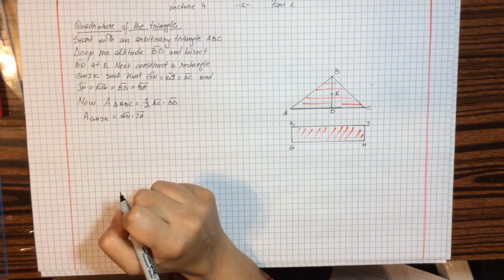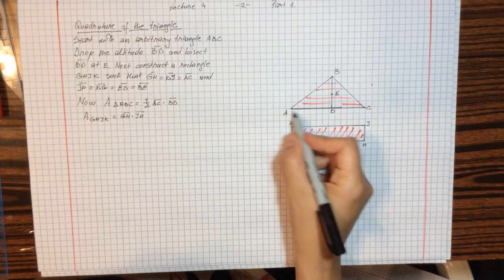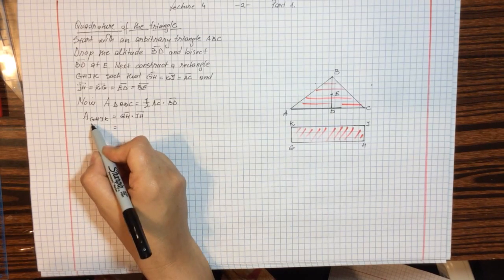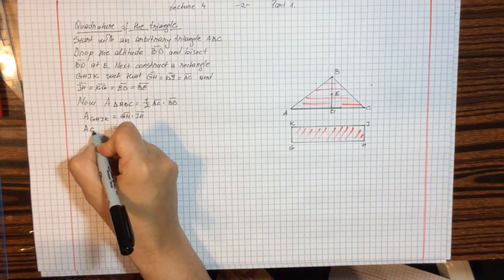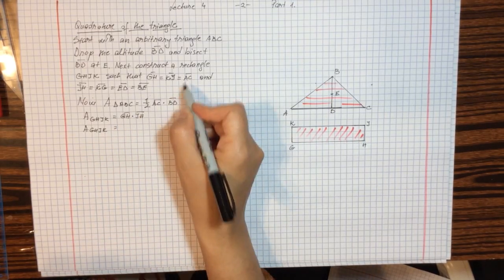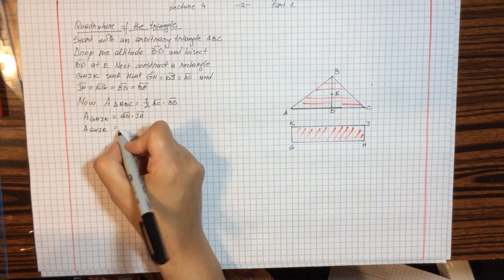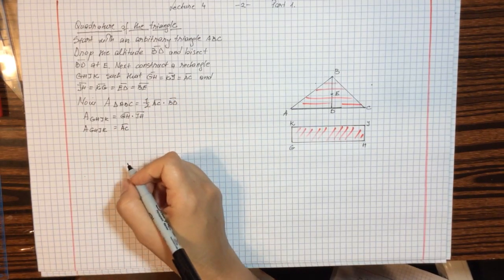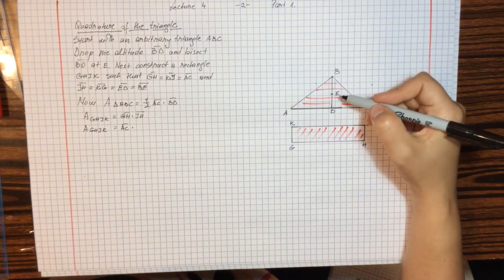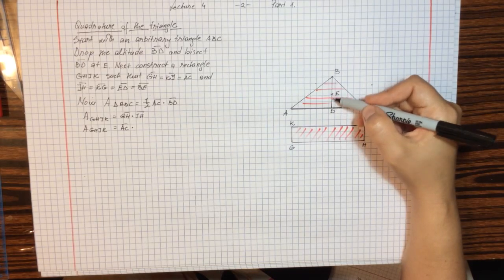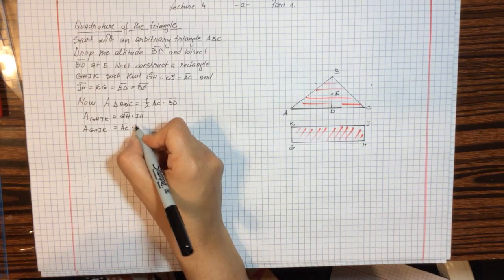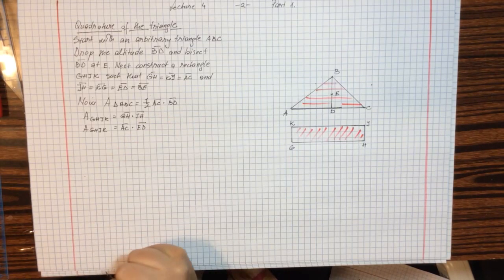Okay, well, I know that GH is equal to AC from here. So area of the rectangle GHJK, instead of GH, I will write AC, because GH is equal to AC. So it is the same as AC. And JH, I know, is the same as ED. I made sure that they were of the same length. So instead of JH, I'm going to write ED.